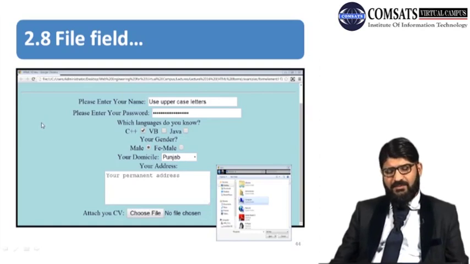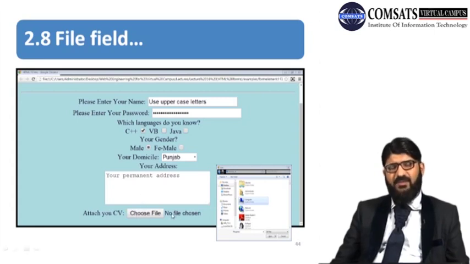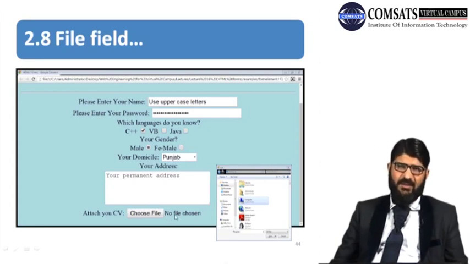So if you do see, attach your CV appeared as a label over here, and then a choose file option is given. By default, when there is no file selected, it is written no file chosen.